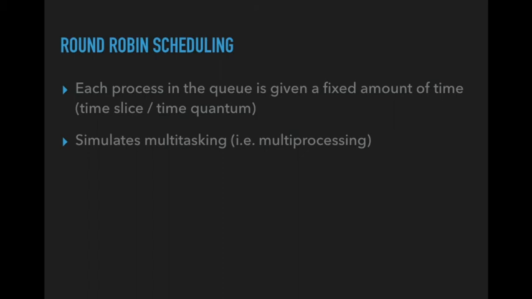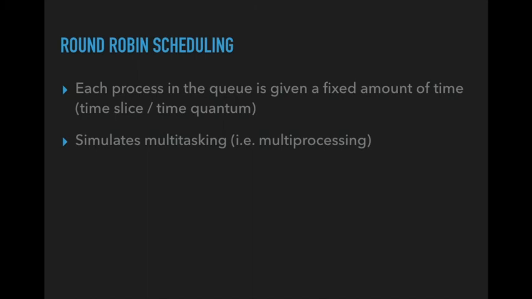The queue can be a first in first out queue itself, and the new process can be added at the tail, and the oldest process will be at the head of the queue. And once the oldest process has been finished, it will be released from the queue. So this is the round robin scheduling, and this is actually a very interesting method because it simulates multitasking.